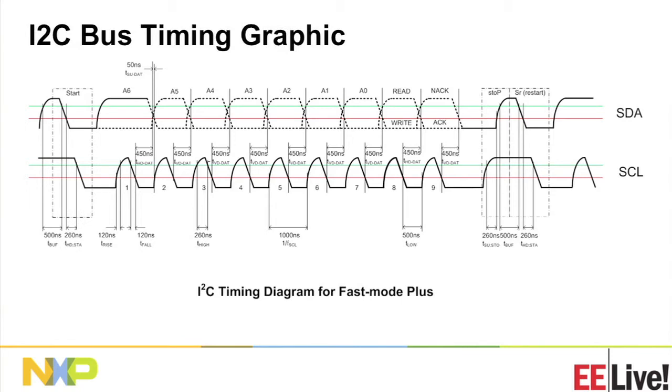The other thing that we see in the diagram is that we don't really have a lot of wait time. We have squeezed all of the dead time out of the spec to reach the 1,000 kilohertz clock speed. So we only have 50 nanoseconds of setup time between the edge of the clock and the preceding change in data. So we've probably maxed out what we can do with the I2C bus. 1 meg is probably the fastest we can go, unless we make some fundamental change to the bus.